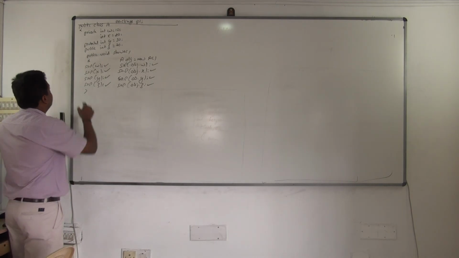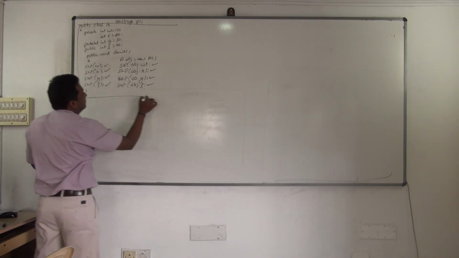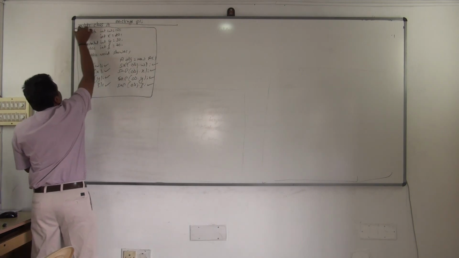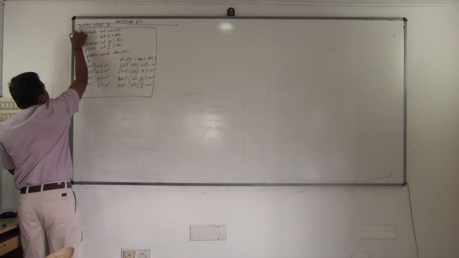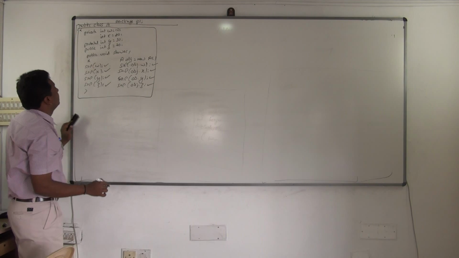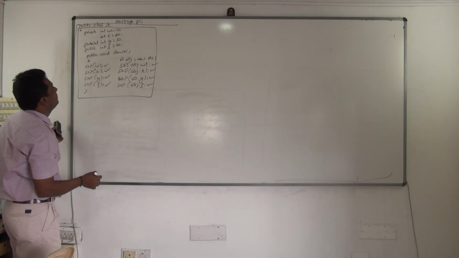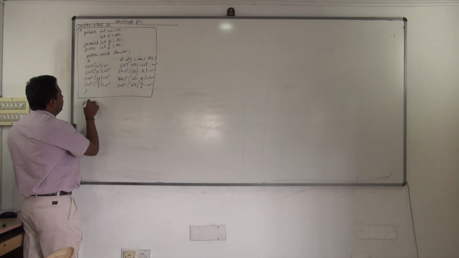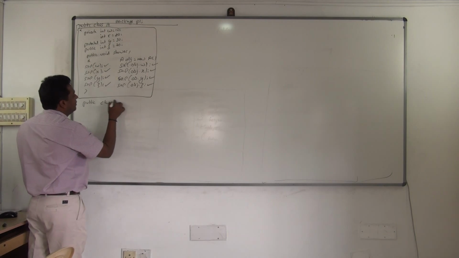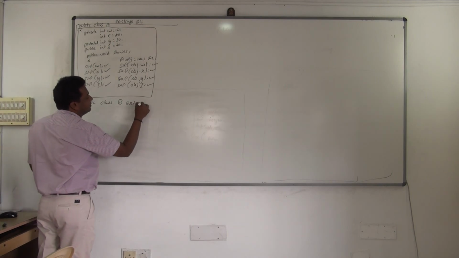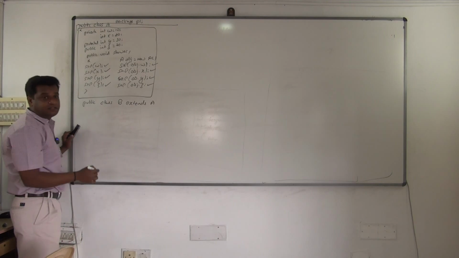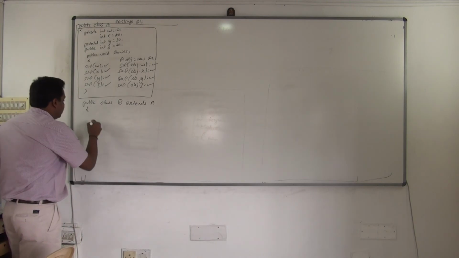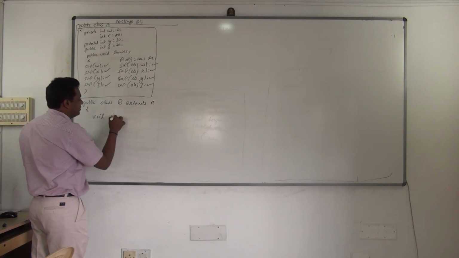Next, I'll write which one now. This is class A. Now I'll write class B, which will be public class B extends A, but it is in the same package. So I'll write one show B method here.